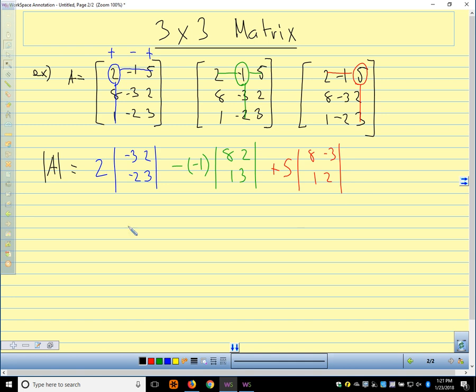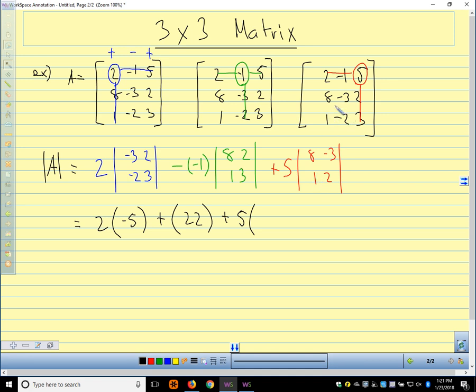So then we just do all this arithmetic. So this is 2 times -9 minus -4. So -9 plus 4 is -5. Minus -1, so I get plus 8 times 3 minus 2 times 1. 22. And then I get a plus 5 times 16 minus -3.